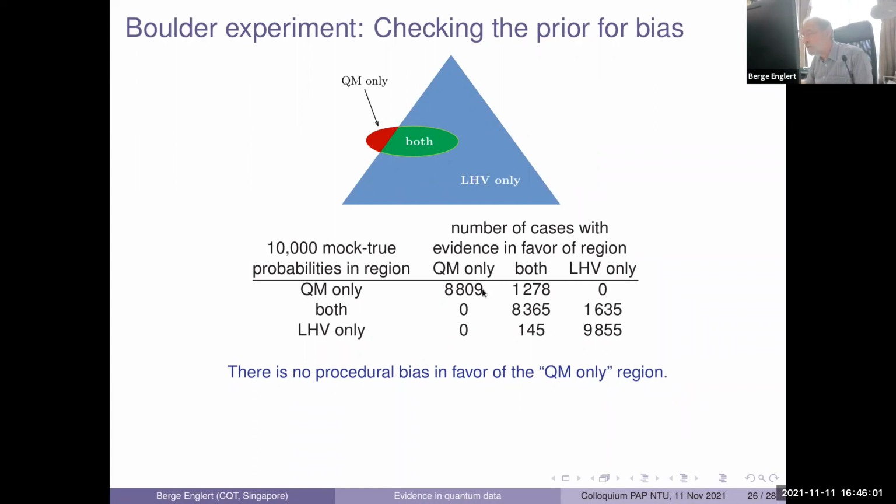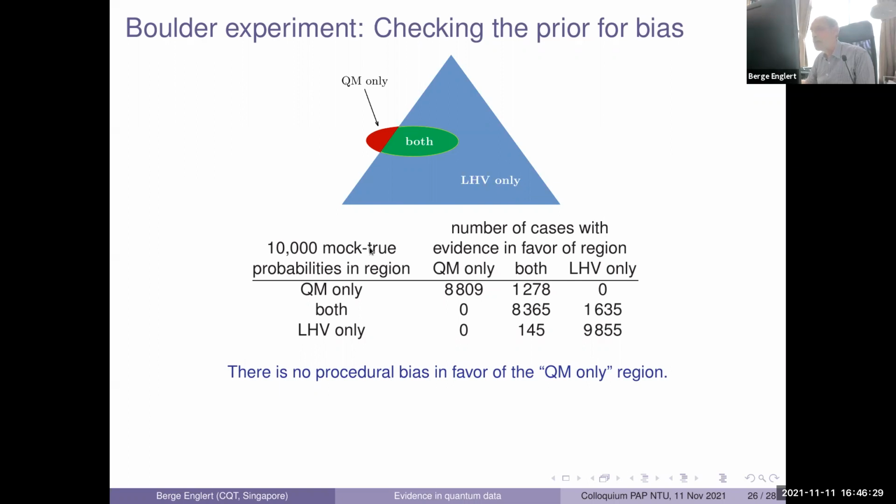Sometimes we get evidence for both, and this is why this number is more than the sum of these two numbers, more than 10,000. Now, if we choose mock true probabilities from the green region, then we get about 8,000 times evidence for the green region and about 1,600 times evidence for the blue region. But we never get evidence for the red region.